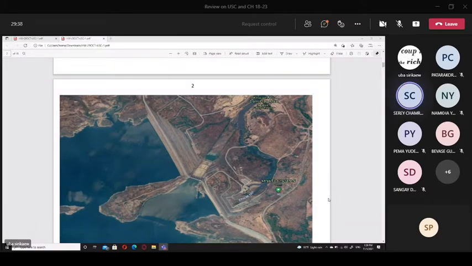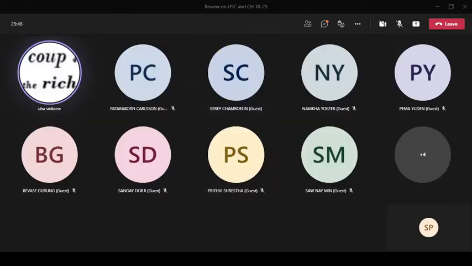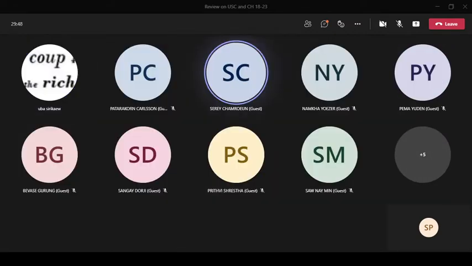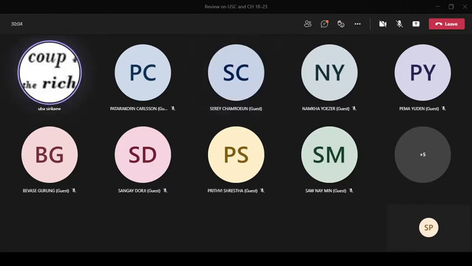Hello again. Okay, would you like to share your screen? Yes, share your screen, please. I can show only the photo and the location. I don't know how to describe the material. Okay, no matter. I'm trying to show. Let's try.